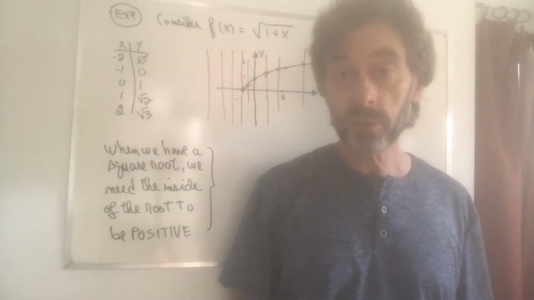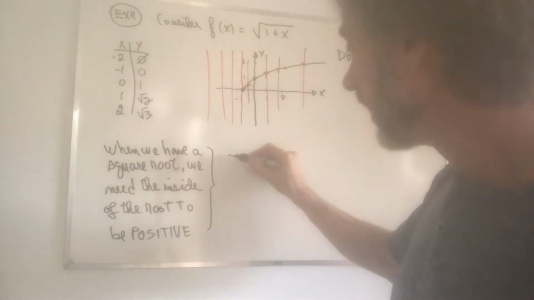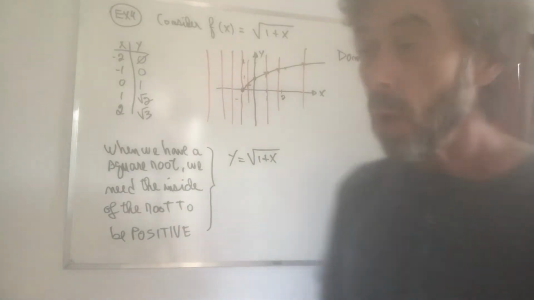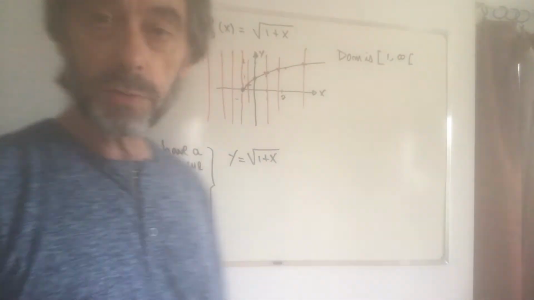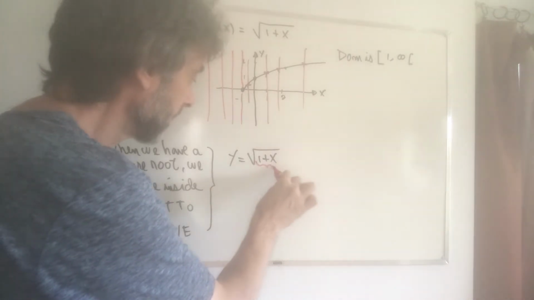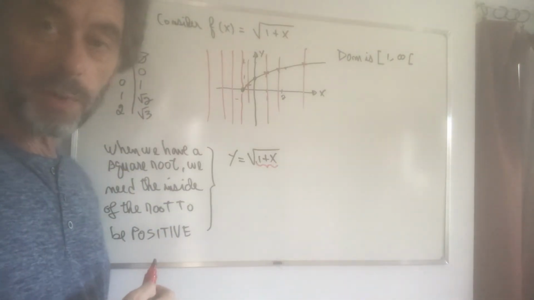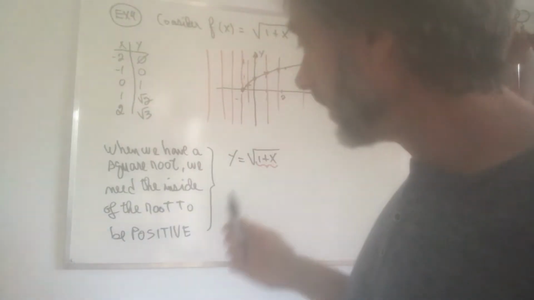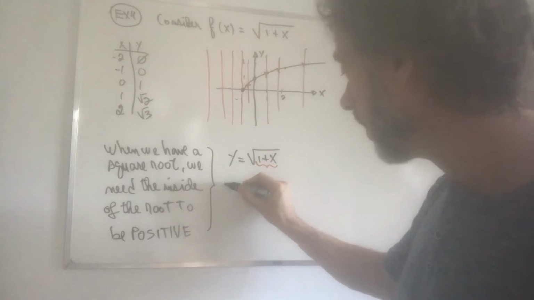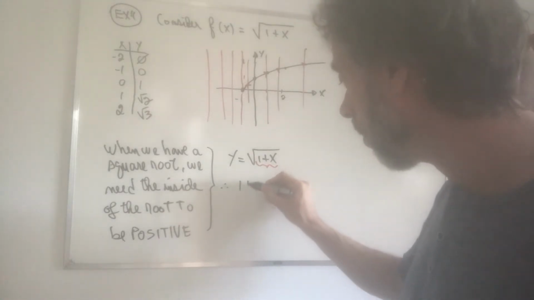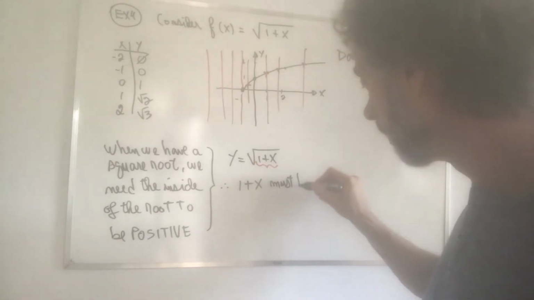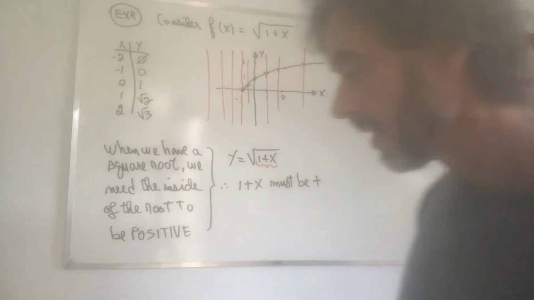So, if the inside of the root is to be positive, and I have y equals root of 1 plus x, what is the inside of the root for this guy? Well, it's right here, isn't it? That's the inside of the square root. So I will translate this now. The inside of the square root must be positive. So, conclusion, 1 plus x must be positive.